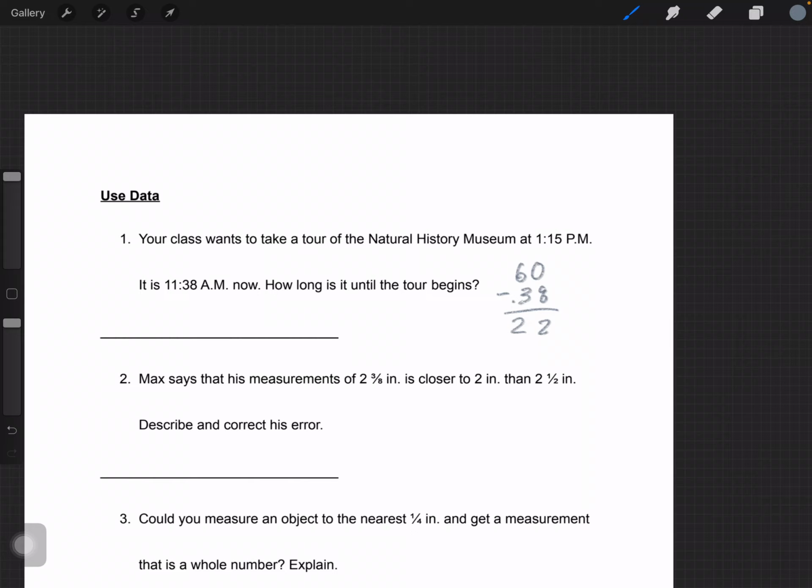Now, 1 hour and 15 minutes plus 22 minutes gives us 1 hour and 37 minutes, which is your answer.